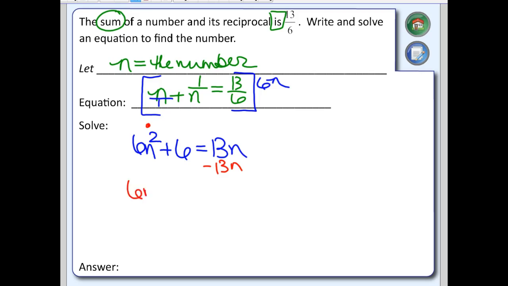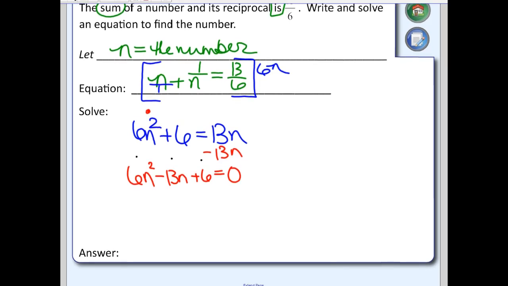But I'm going to bring him over here and plop him in where he belongs and make it equal 0. Remember, we need our quadratic term in the front. Okay, quadratic term, linear terms in the middle, constant terms on the end, the number that's all by his lonesome, and it equals 0.